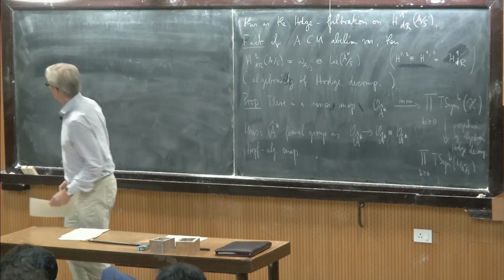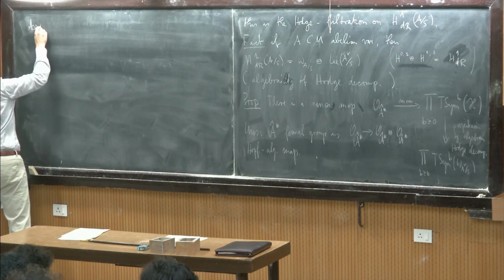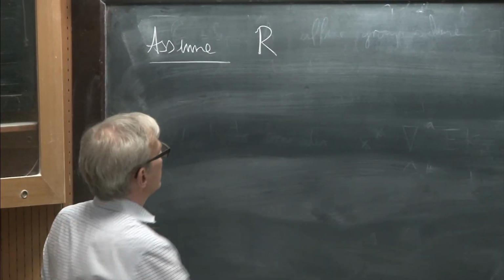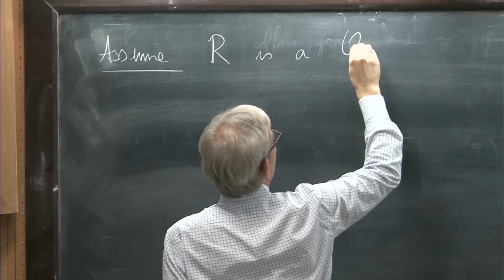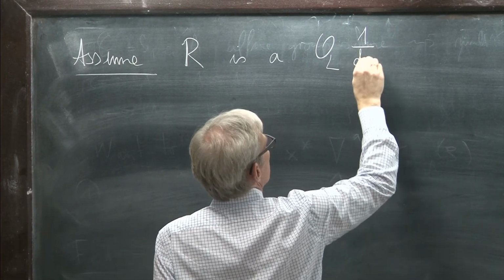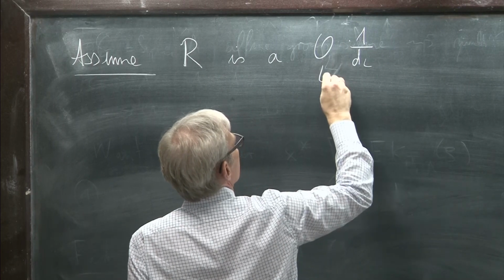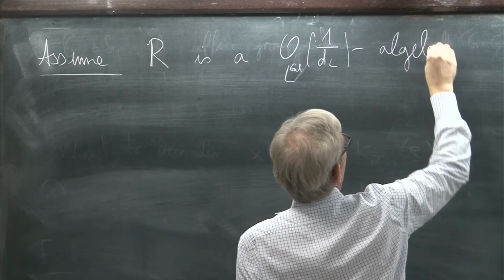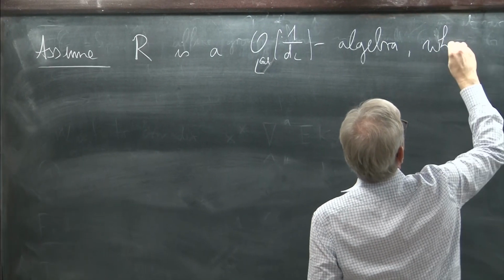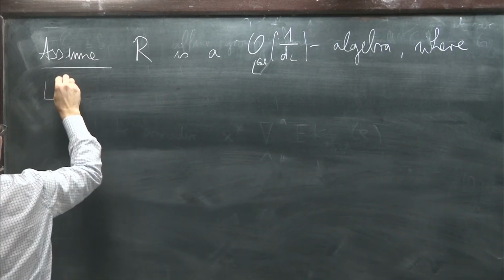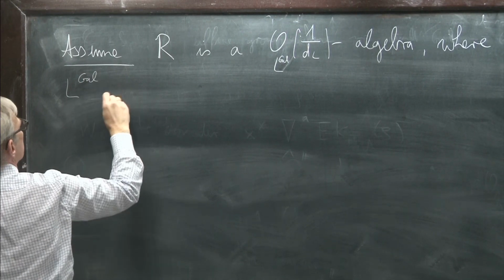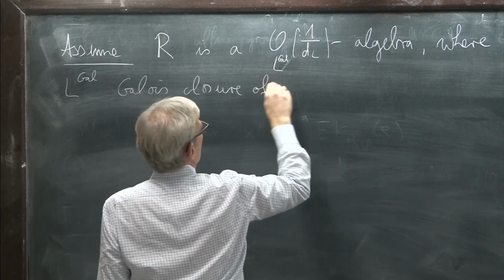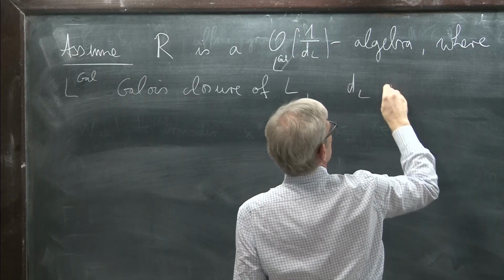And for this, we now assume that R, the ground ring we're working with, is OL[1/DL], where L Gal is the Galois closure of L, and DL is just the discriminant.